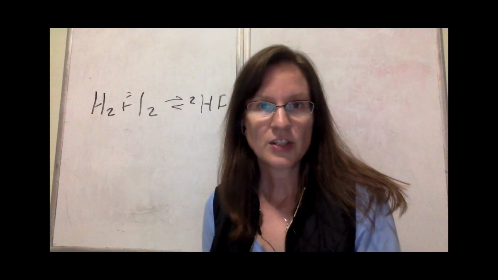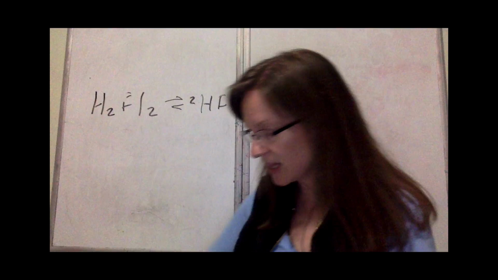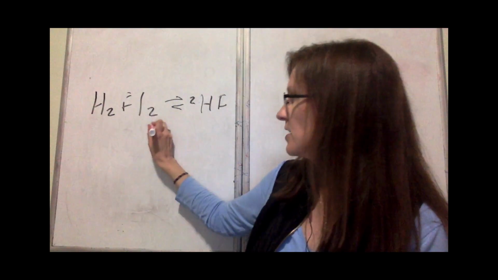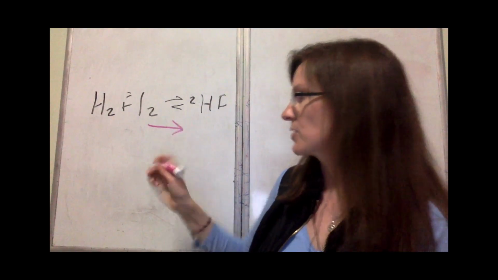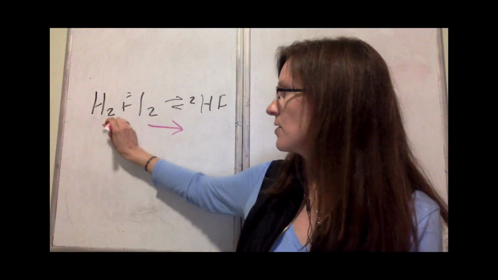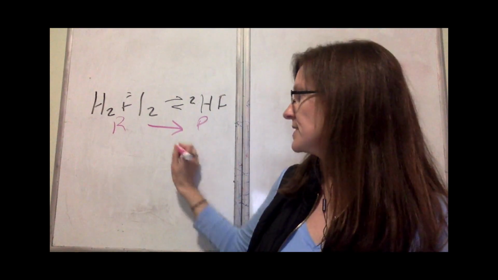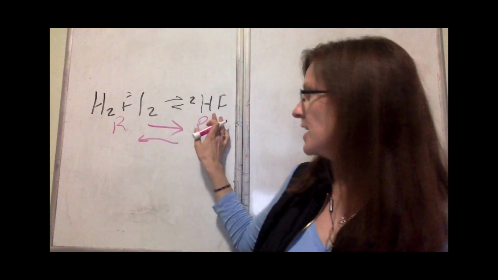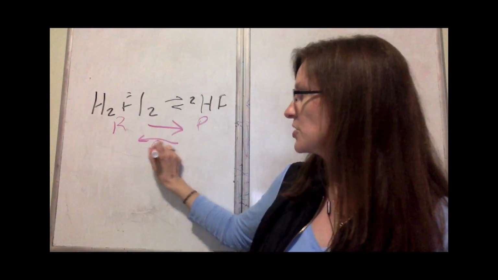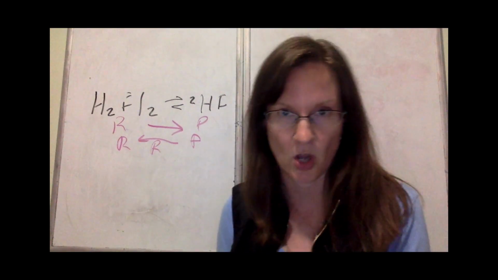Now, the only other thing, nomenclature-wise, is that when we see a reversible reaction like this, standard practice is to say that the reaction proceeding in this direction is the forward reaction, and these are the reactants, and these are the products. If instead I'm proceeding this way, where HI is becoming H2 and I2, that is the reverse reaction, still called products, still called reactants though.